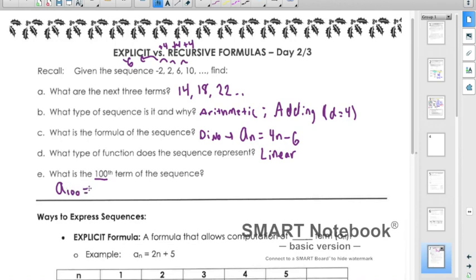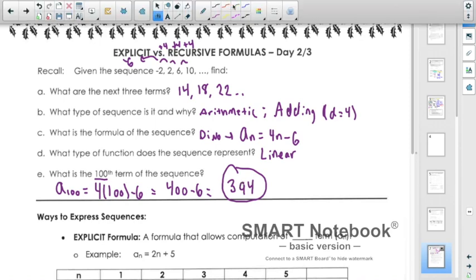I just substitute in 100 for n and solve. 4 times 100 is 400, minus 6, and that's 394. That is the 100th term in that sequence.